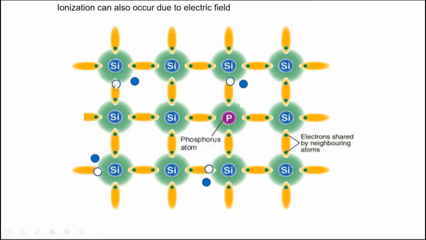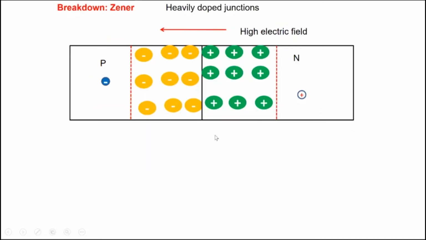In this case, the electric field is so large that you break a bond and you create an electron hole pair, you break a bond and you create an electron hole pair. So if the electric field is so large that you start breaking up bonds and causing these ionizations, you get a lot of electrons and a lot of holes, and again a very large current begins to flow here.